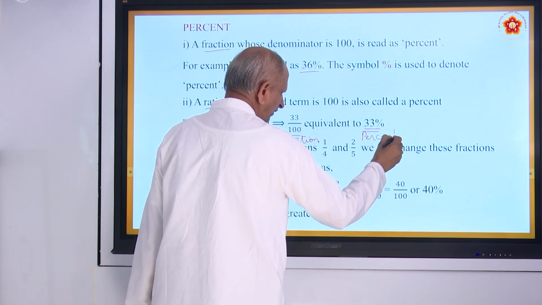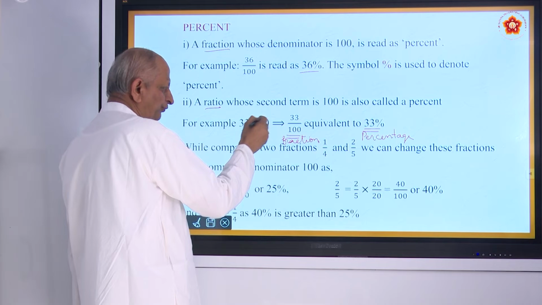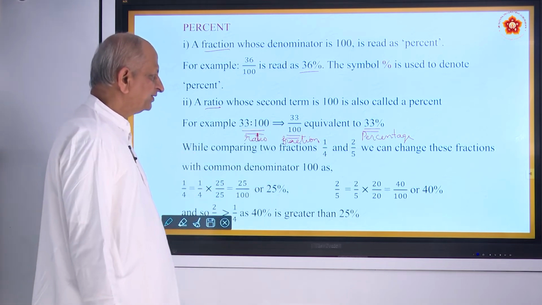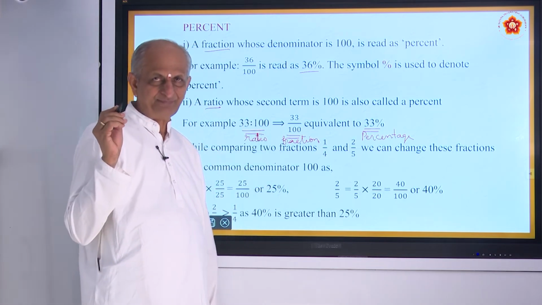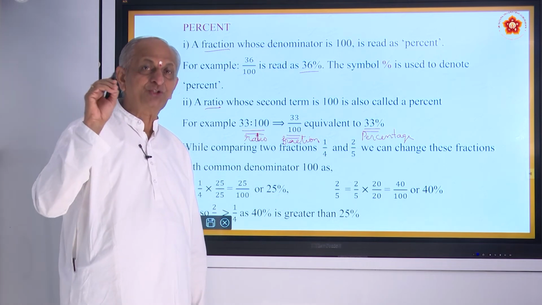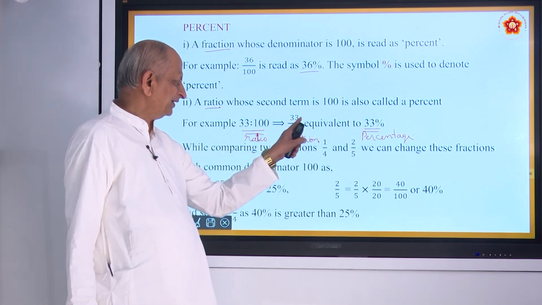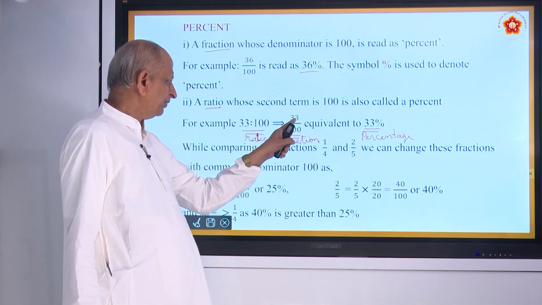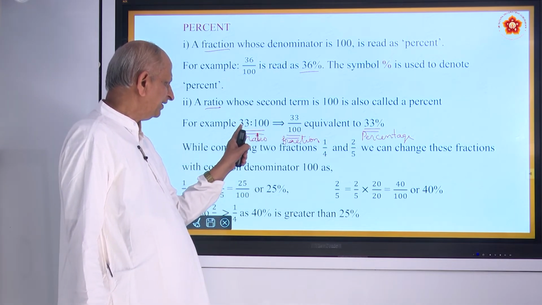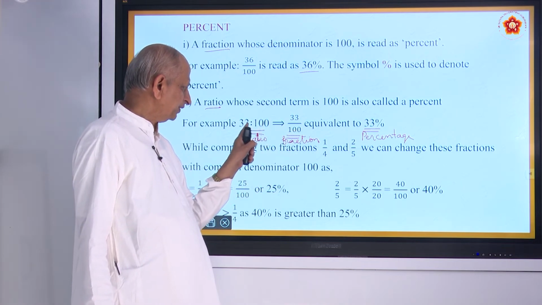So you must be able to convert a ratio into a fraction, and a fraction into a percentage. Similarly, vice versa, the reverse is also true. 33% can be written as 33 by 100, where the numerator goes to the antecedent 33, and the denominator goes to the consequent, 33 is to 100.